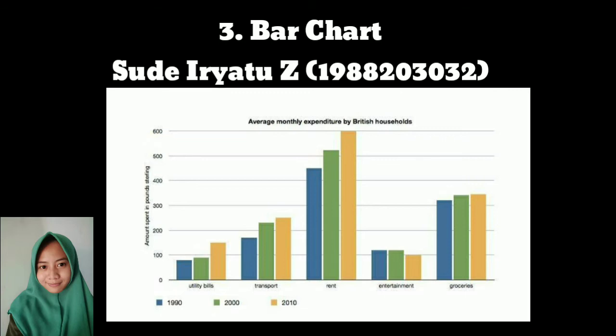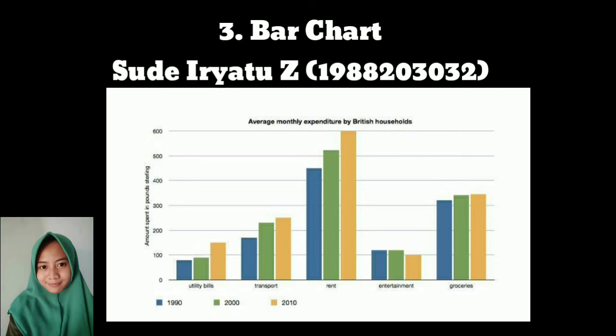Household expenses on groceries were slightly above 300 in 1990 and hiked by around 10 in 2000 but remained constant after a decade.